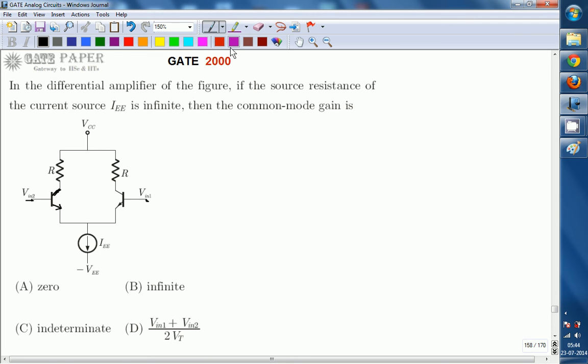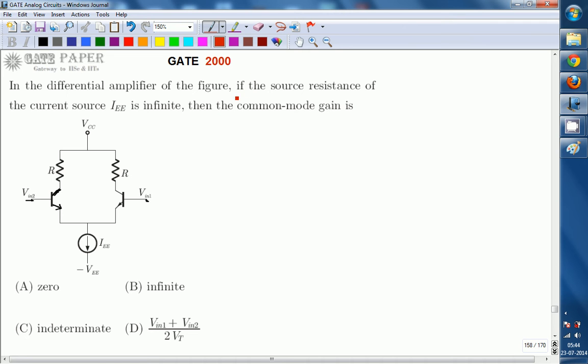So a differential amplifier amplifies only the difference between the signals and suppresses the common signal applied to both inputs. It provides more gain for the difference signal and 0 gain for the common signal.